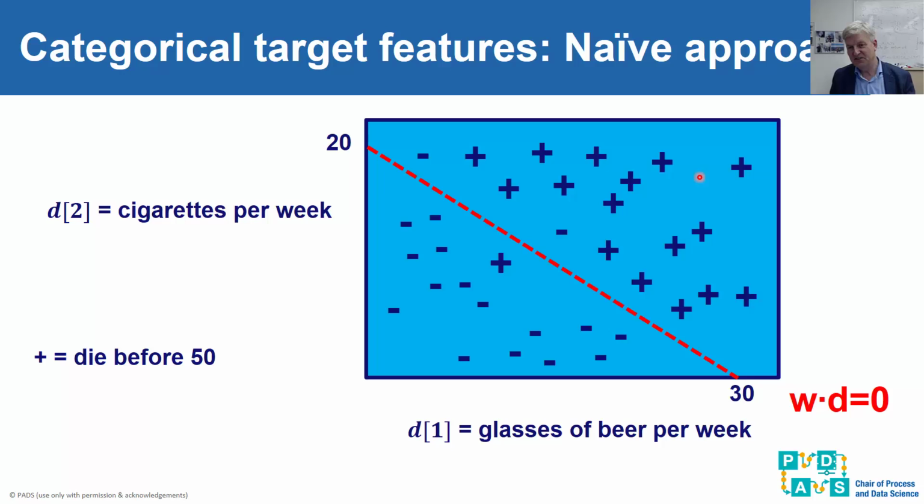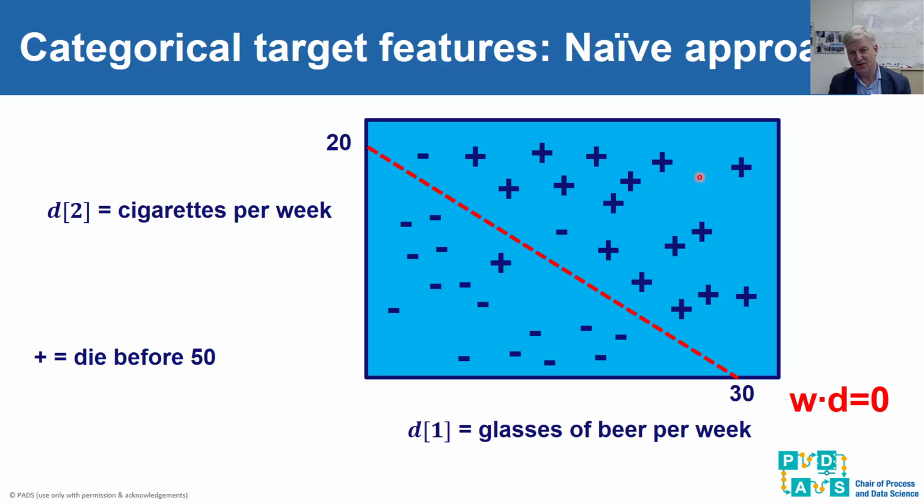We have seen a similar setup when I was talking about decision trees. But now we have two continuous variables, D1 and D2, and we would like to predict the class. So what we try to do is draw a line separating the pluses from the minuses in the best possible way.